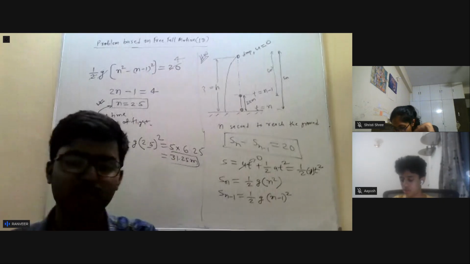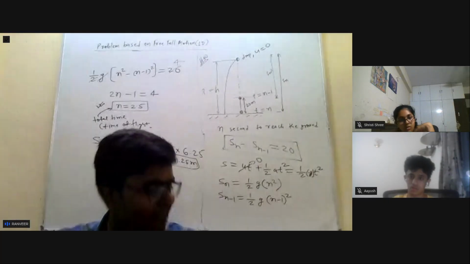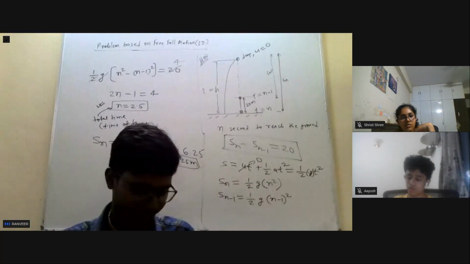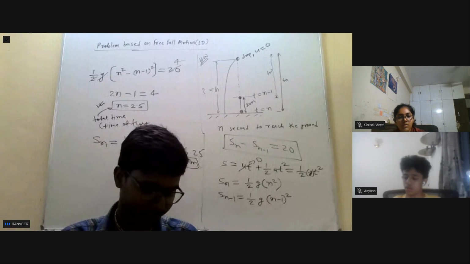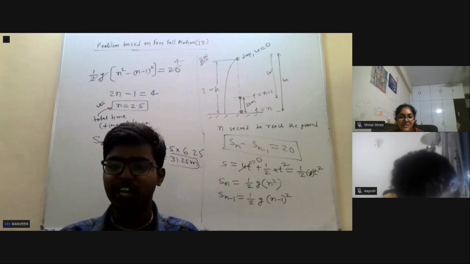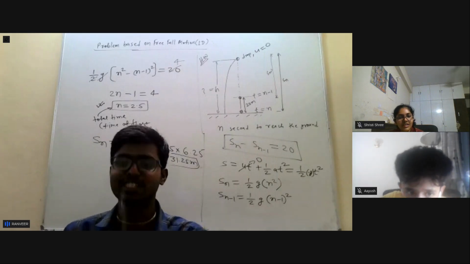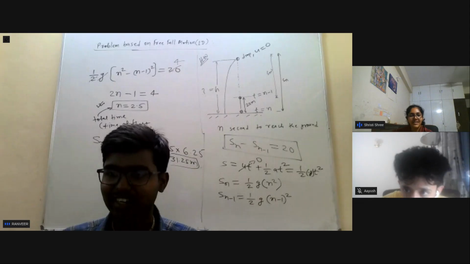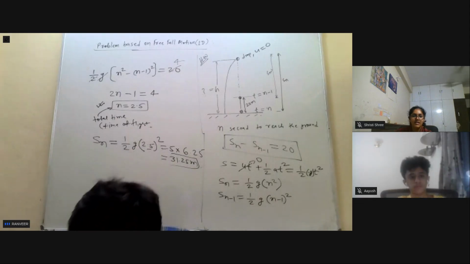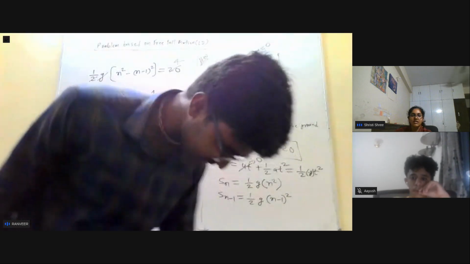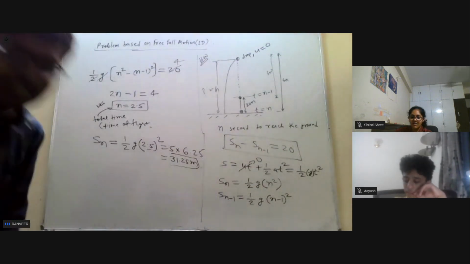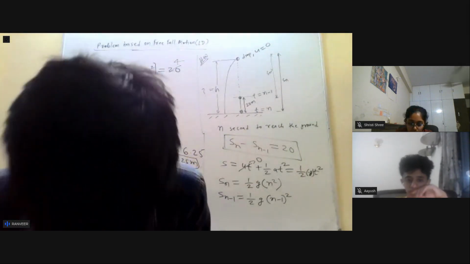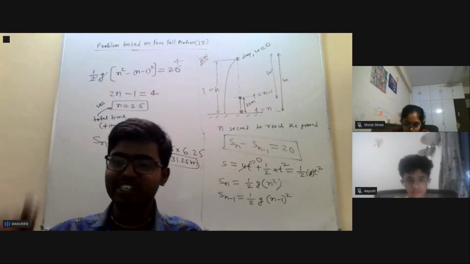You know a juggler? A juggler throws up one ball, then catches the next ball. Continuous. So there is a juggler who is juggling 5 balls at a time. Do you know a juggler, Ayush? Yes, sir. So he's juggling 5 balls at a time.